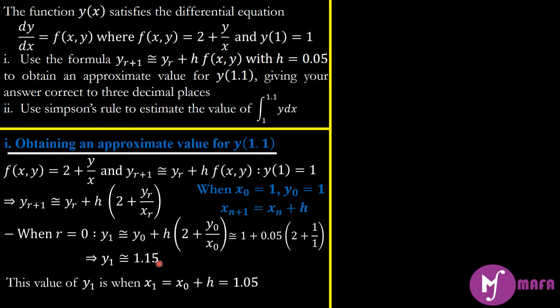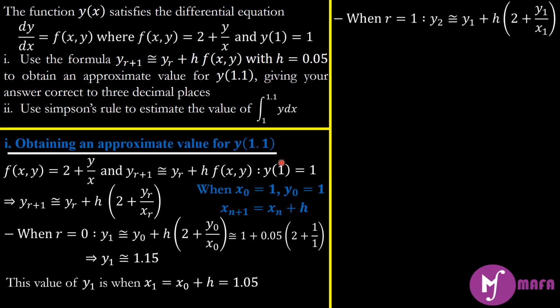In similar words, we can say that y of 1.05 is equal to 1.15. But this is not our bus stop. We have to find the value of y when x is equal to 1.1. And we clearly see that if we add another step length, 0.05, to 1.05, we arrive at 1.1, and that is where we are going to end.